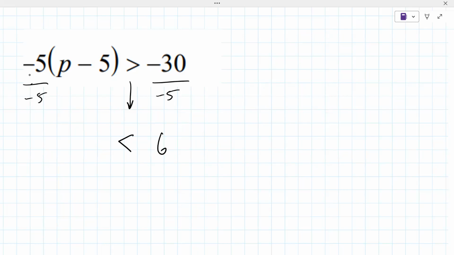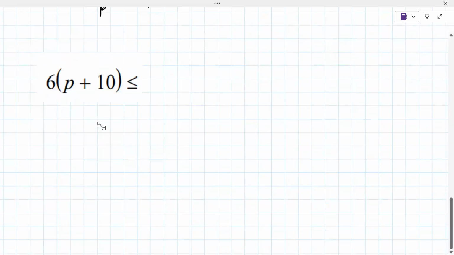P is less than 11. That is correct. Okay, let me give you another one to try here. I don't really like this one, this grouping here. It's kind of like the last one. Let me make a couple of modifications to it.